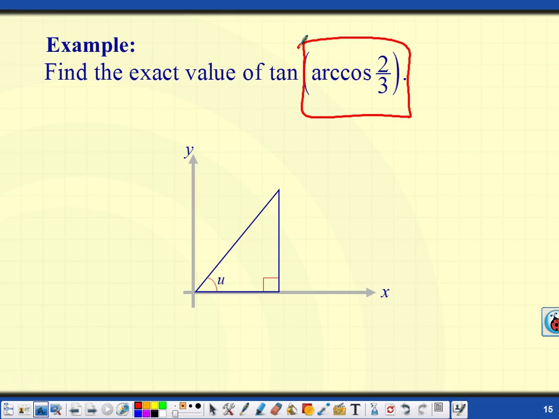So what you're going to do is you're going to let, do you want u or theta or what? Theta. Should it be positive or negative? We're not going to make it negative.